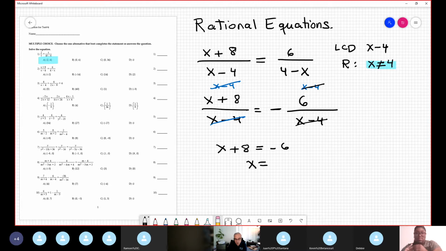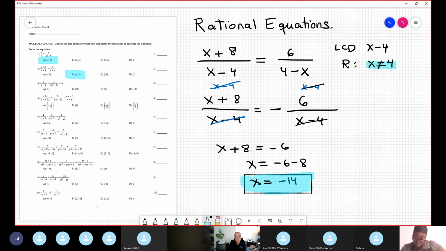So x is equal to minus 6 minus 8, x is equal to negative 14. There is no coincidence with the restriction, because the restriction is 4. So I suppose negative 14 is a good answer. Like that. Boom.